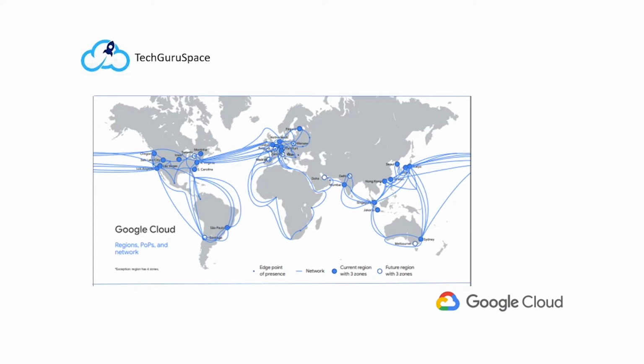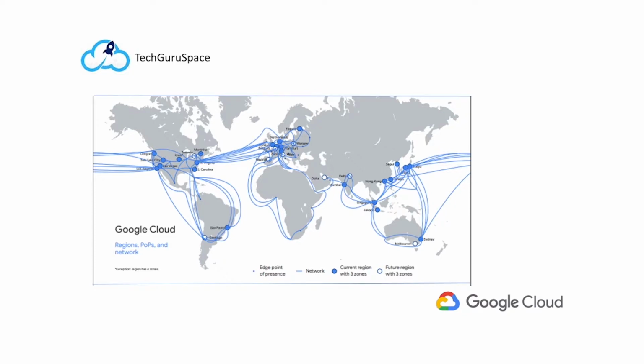Regions indicated with blue icons have three zones. Iowa is an exception, where the region called US-Central1 has four zones: US-Central1-a, US-Central1-b, US-Central1-c, and US-Central1-f. The POPs are where Google's network is connected to the rest of the internet.